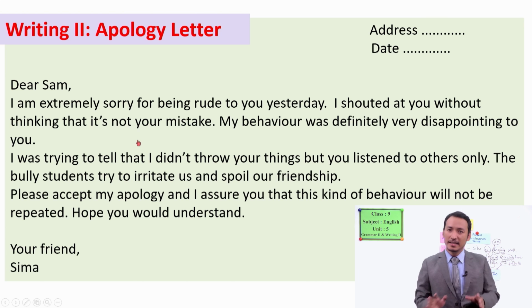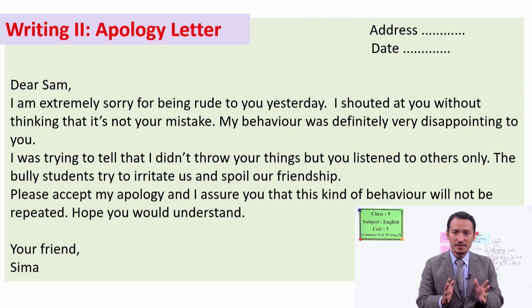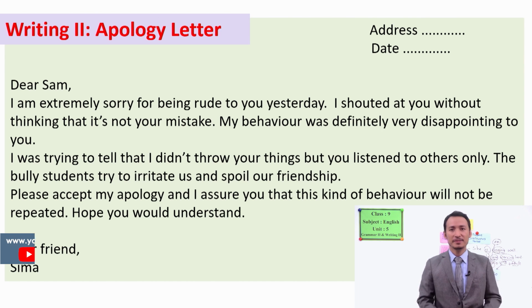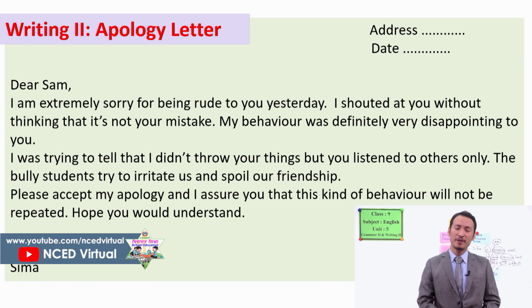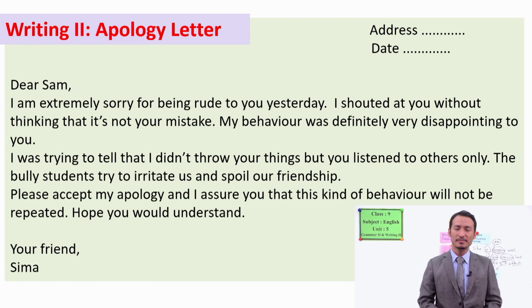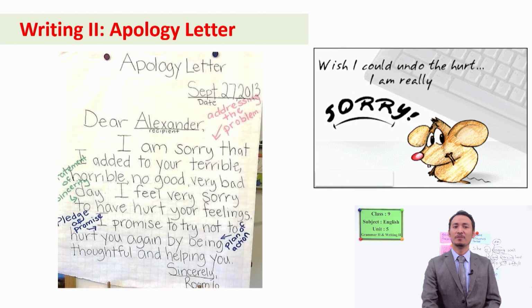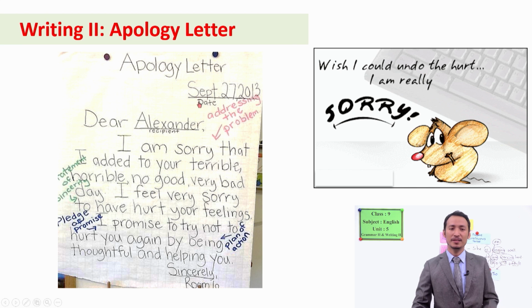Okay, this is an example I have provided to you. You can follow a similar format, and you can imagine or remember your situation where you have to ask for apology. Okay, so what do we have in our letter? Look here, an example from the internet. I have found a letter example.